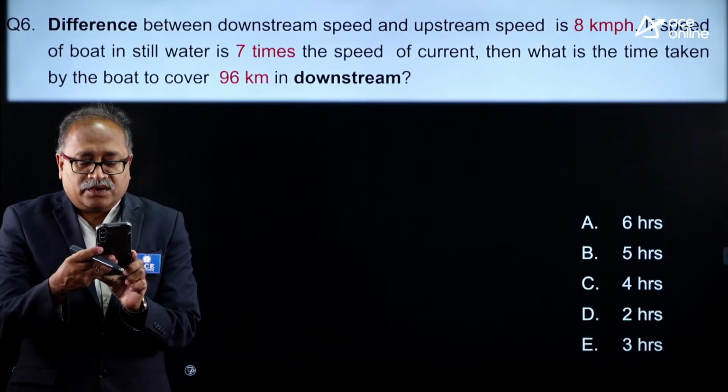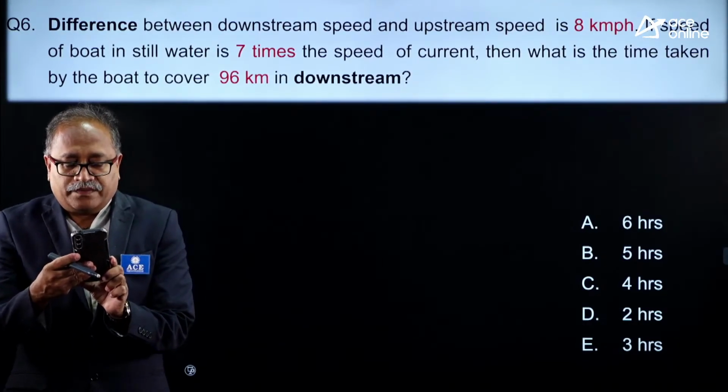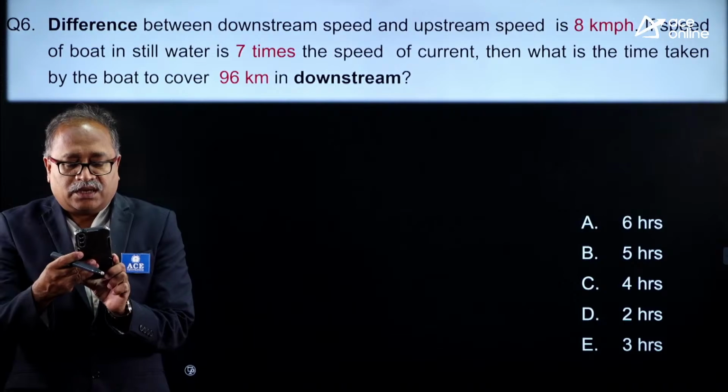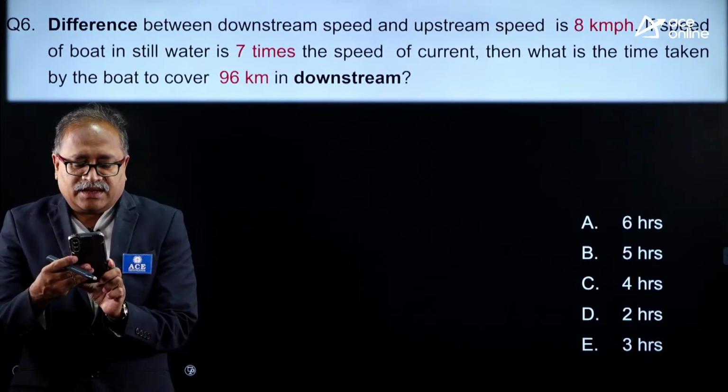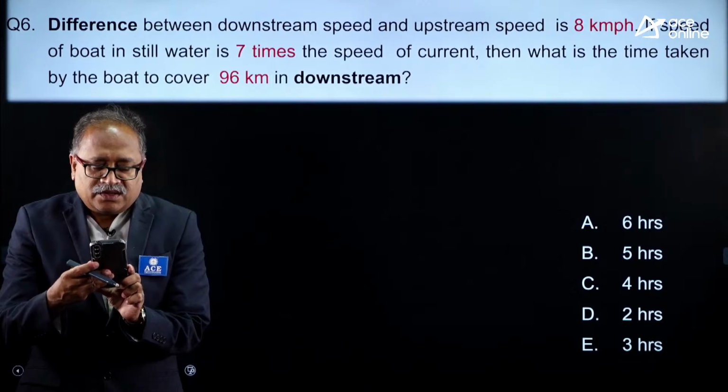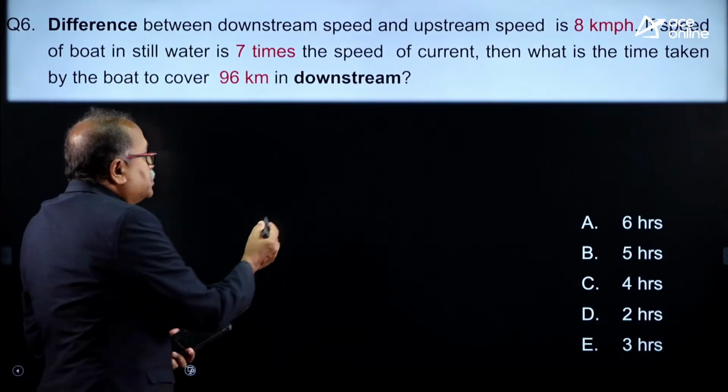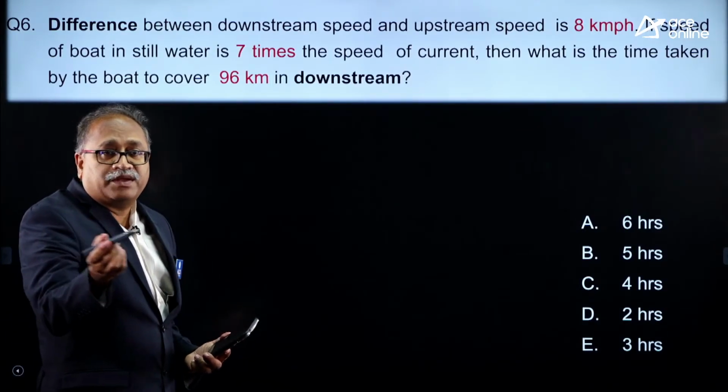Sir, when will you take RRB PO? Second list arrived. I am waiting for the second list. Okay, Mr. Subham Sharma, may I request you please write down my number? Please write down.